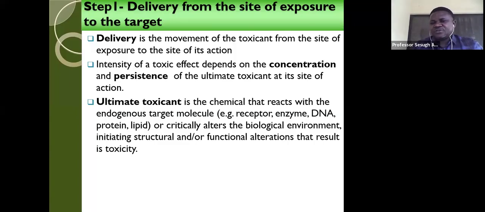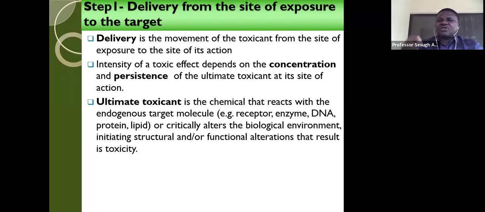That is persistence. So if it can persist onto that site, then there is the possibility that it can begin to cause injury. But if it will not stay for a reasonable time, then there's the possibility that the effect might be minimal, so to speak.